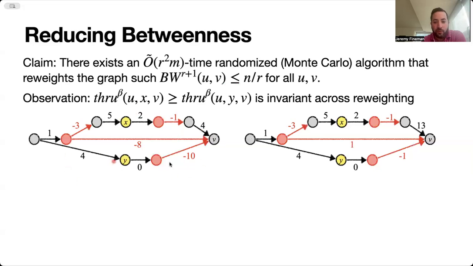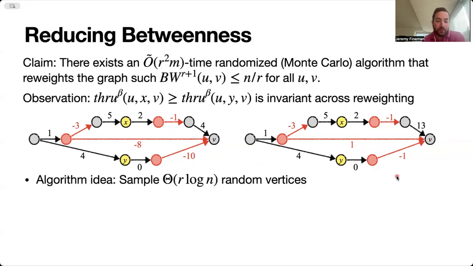If this is my original weights and I reweighted the graph, in this case, I just added 9 to all the weights coming into this last vertex. The weight along every path from U to V has increased by 9. So the distance along the top is still bigger than the distance along the bottom here.